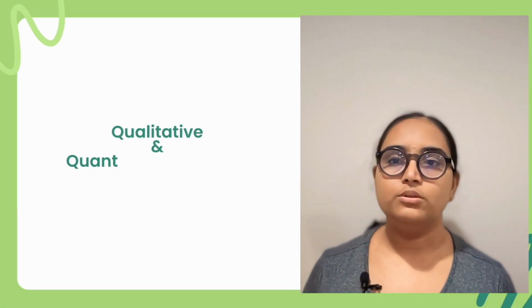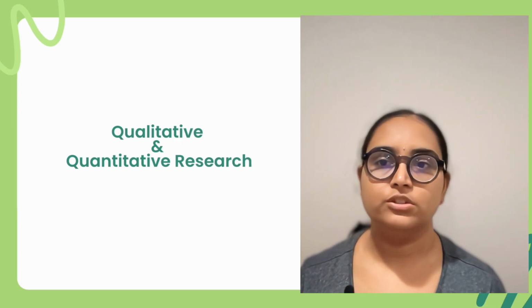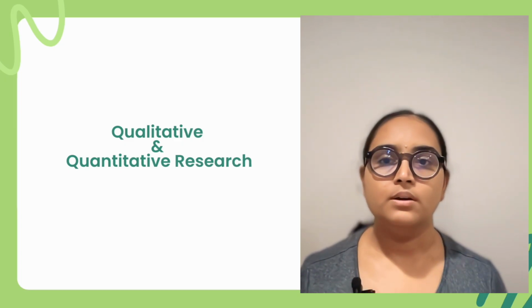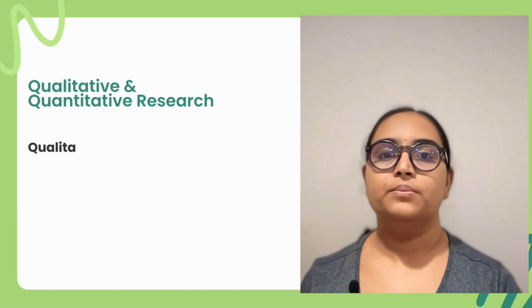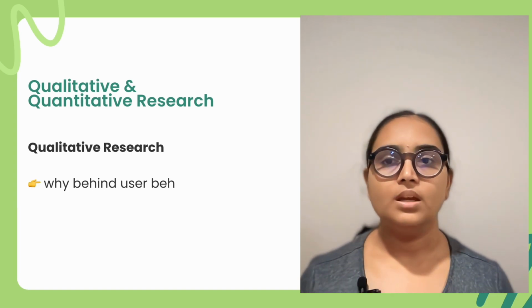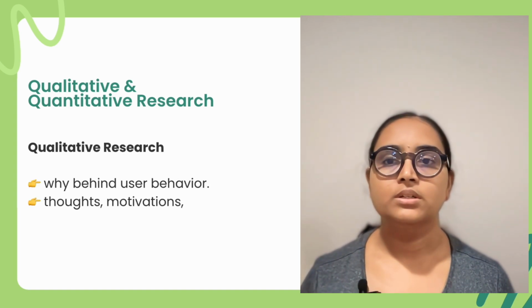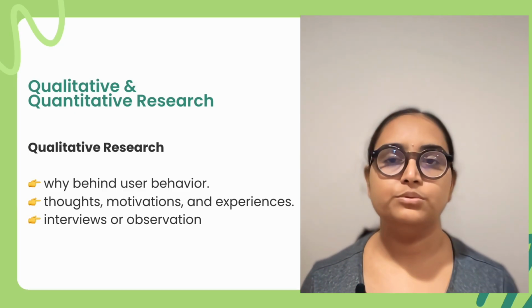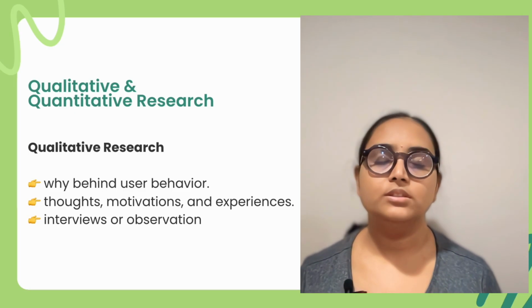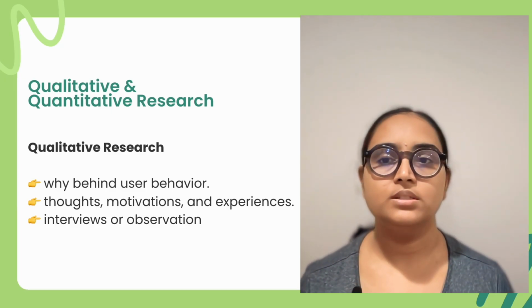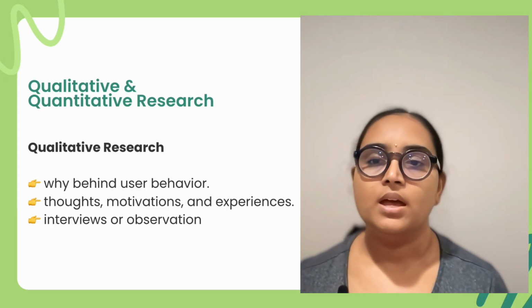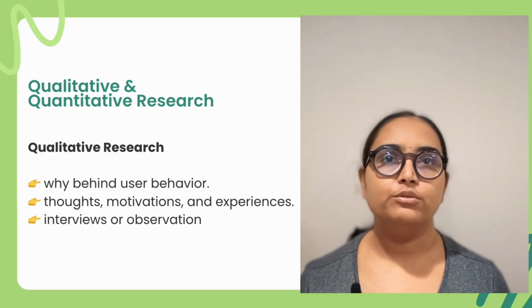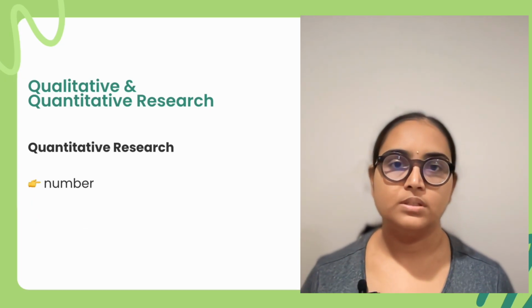Now let's move on to another type of research, which is qualitative and quantitative research. Qualitative research helps us understand the why behind user behavior. It focuses on thoughts, motivations, and experiences. Examples include interviews or observations.